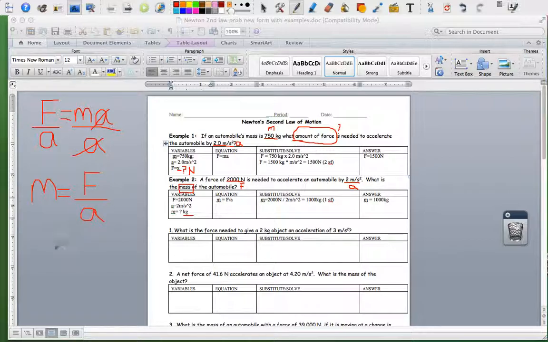Keep in mind, in terms of our units, that would be kilograms is equal to newtons divided by meters per second squared.